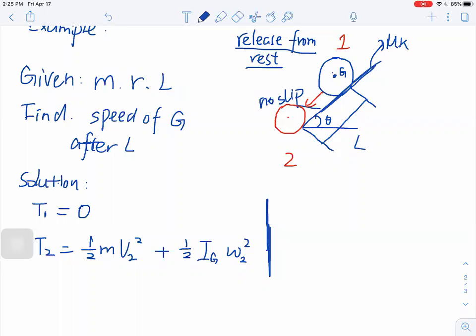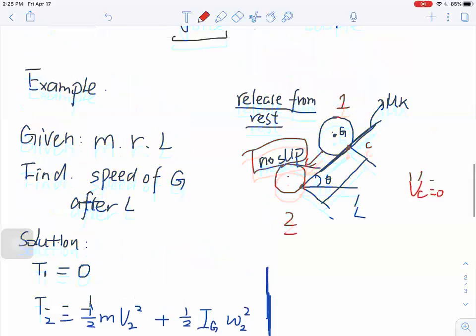Would it be at the bottom? Yeah, the contact, right, as it hits the bottom? Let's call it C. Yes, this is a no-slip problem, right? So we know at a contact point, point C, Vc equal to 0.